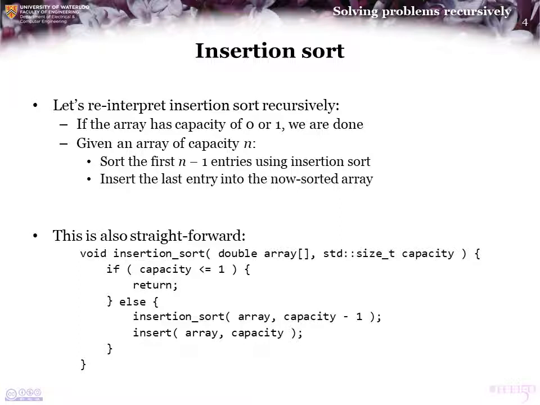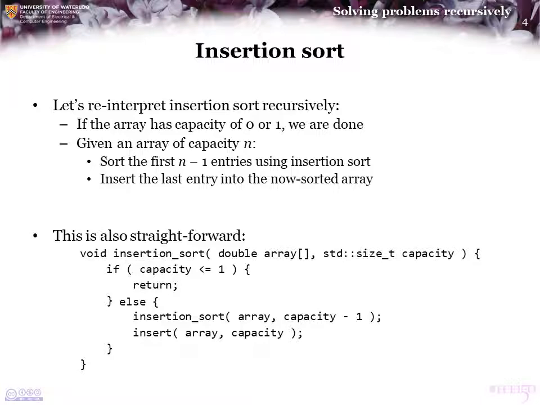We then call insert array 2, which places the second entry into the appropriate location to sort the first 2 entries. Now the first 2 entries are sorted, so we're back to the call when the second argument is 3. We insert the third argument into the first 2 entries, which are now sorted, and once that insert call returns, the first 3 entries are sorted, so we return again.